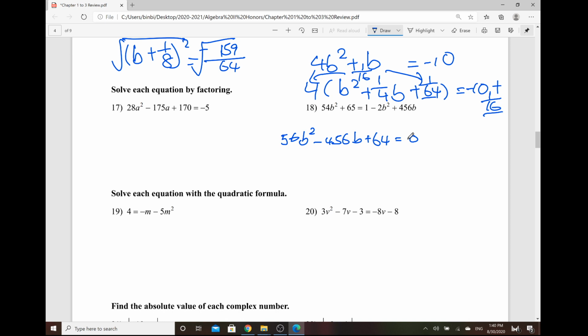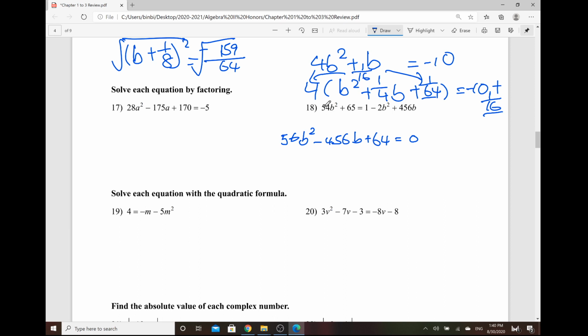And now from here, let's think about the way to factor this. As you may notice, we do have even number, even number, even number. That means they're all divisible by 2. Well, but is 2 the greatest common factor or something else? Well, let's find out.